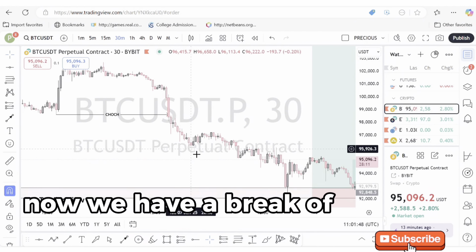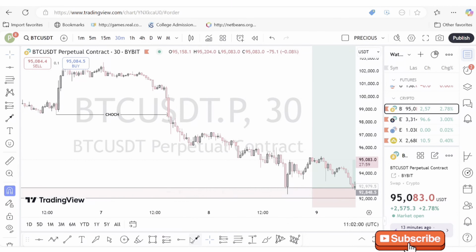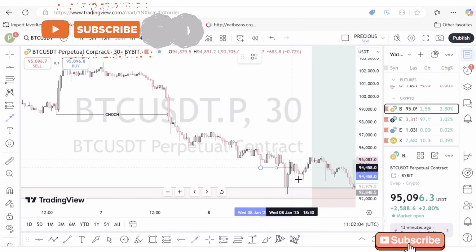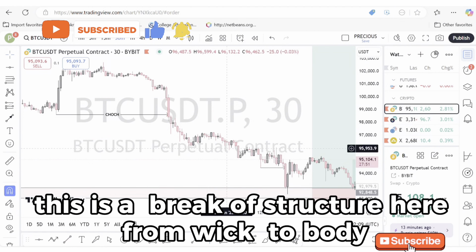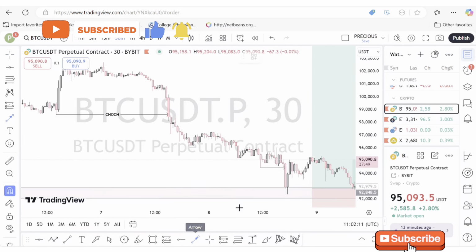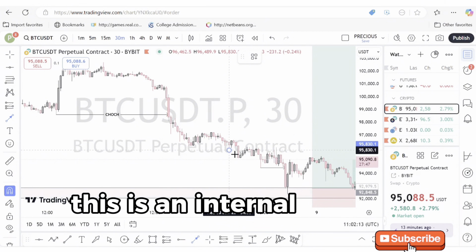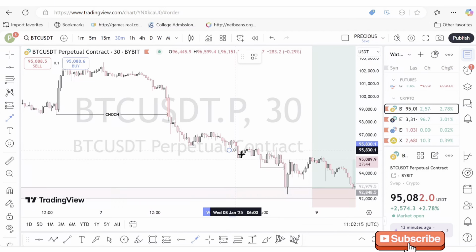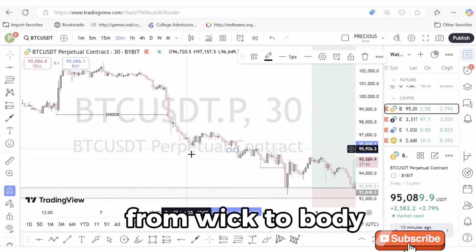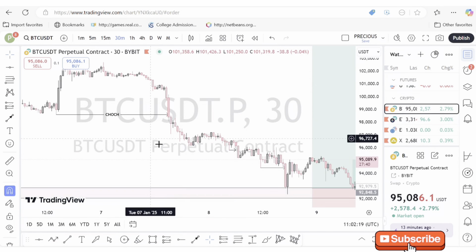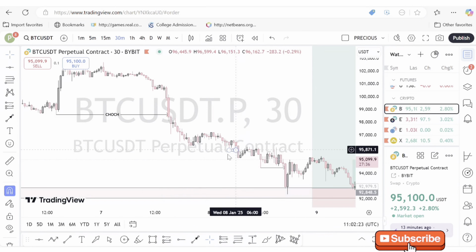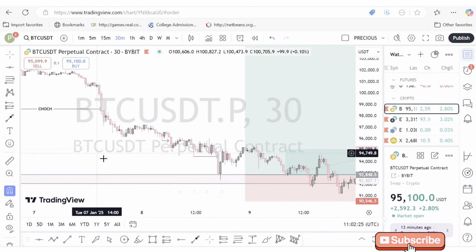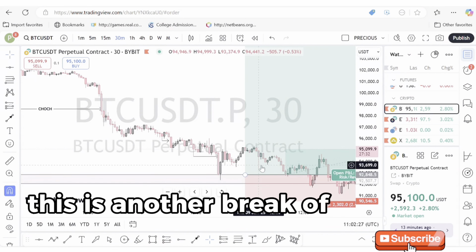So now we have our break of structure to the downside here. This is the break of structure here from wick to body. This is an internal break of structure here from wick to body. So you can see we have, this is another break of structure here.